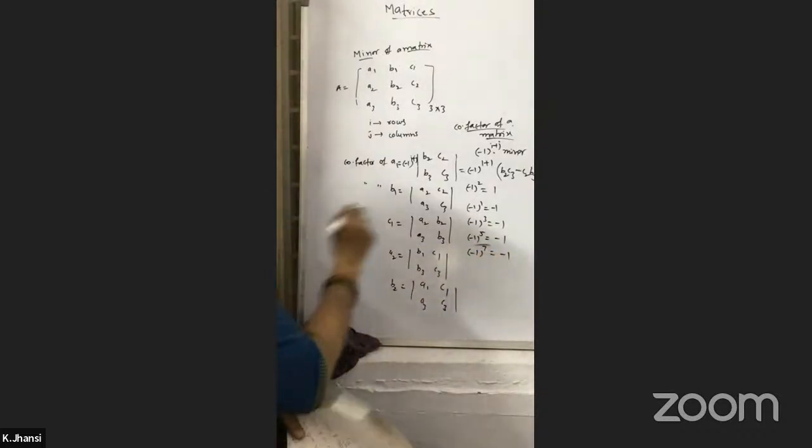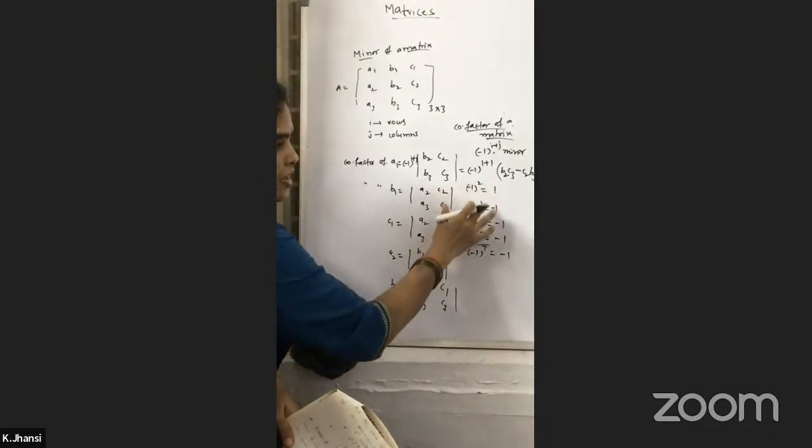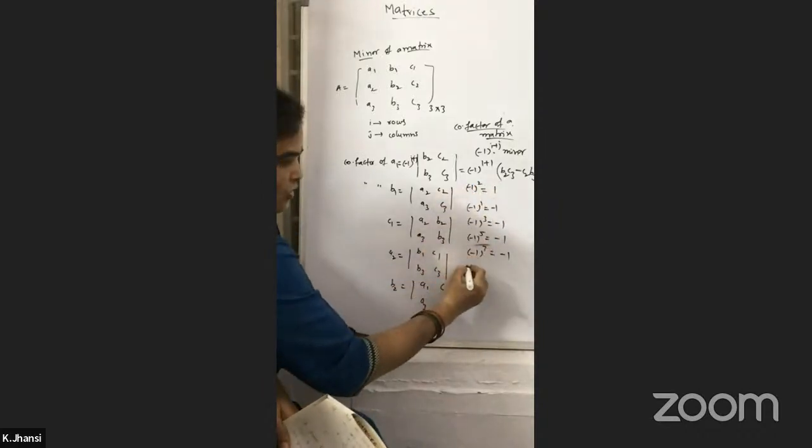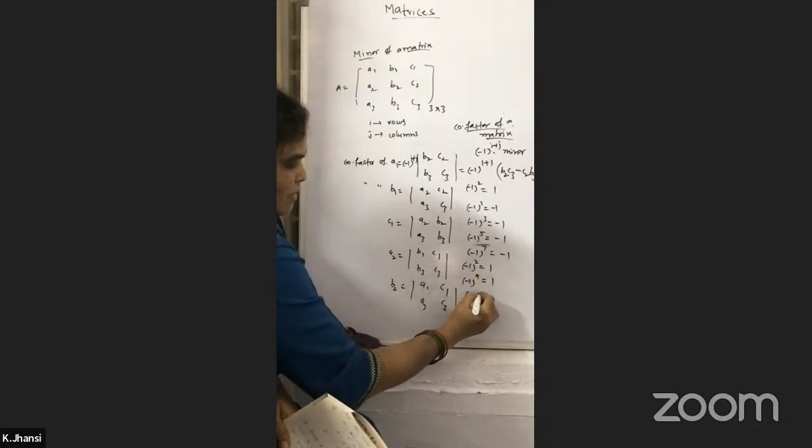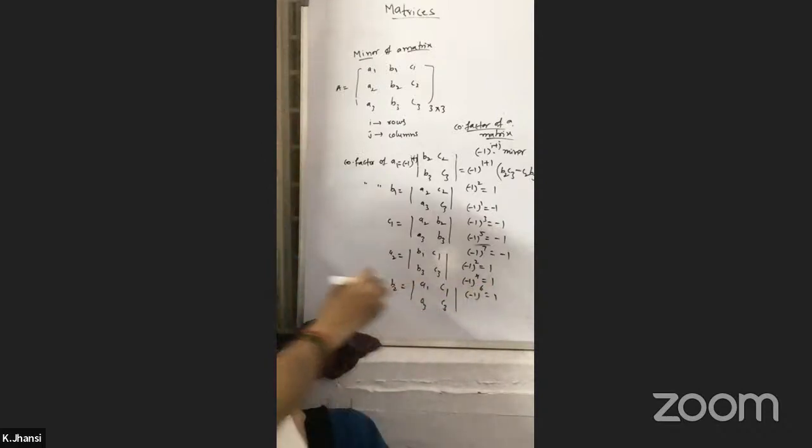Okay. And if you have the even powers instead of odd, that is square equals 1, minus 1 to the power of 4 equals 1, minus 1 to the power of 6 equals 1.